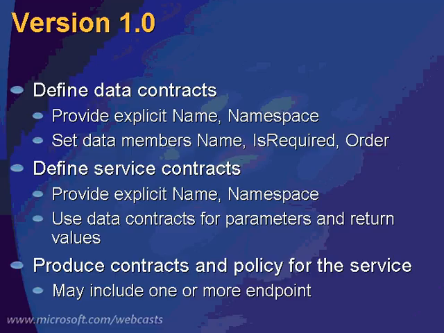I'm saying that you're going to use data contracts for parameters and return values that are your complex types, right? So any changes to those data contracts presumably impact the service contract as well. So we're building our data contracts, we're building our service contracts, and then that's going to produce a WSDL document, and then of course some policy data, which is really more related to security and other things that we're not discussing right this minute.